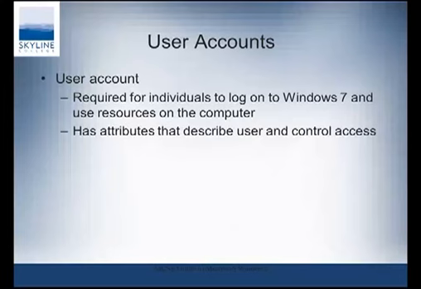As attributes described in the user control access, what can we do? We talked about permissions, and we assign permissions. Typically, we're going to assign permissions to groups, and then we're going to put users in groups, because once you get past the single machine stage, or maybe even at the single machine stage, you're probably going to have more than one or two users you want to give access to that resource. For instance, students in the Students Apps folder.